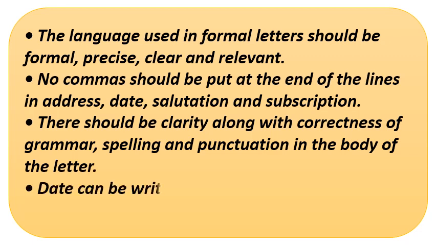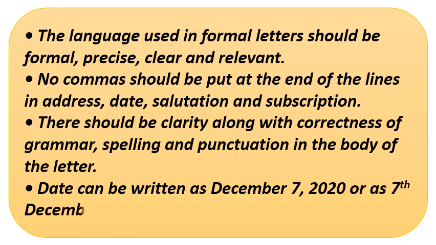Number 4, date can be written as December 7, 2020 or as 7th December 2020 without putting comma. So whenever you write down date, you have to write down the name of the month in full.